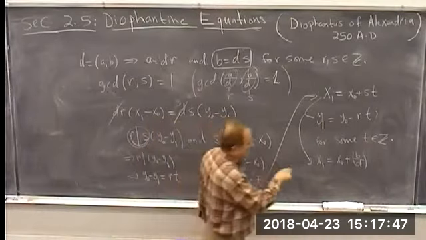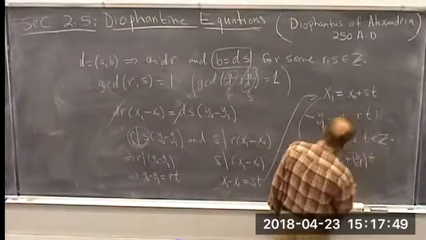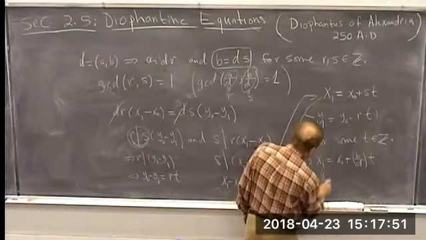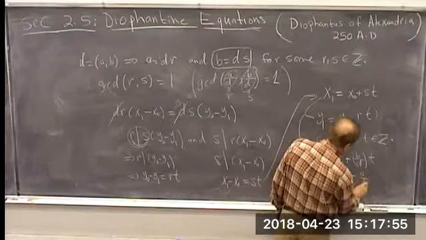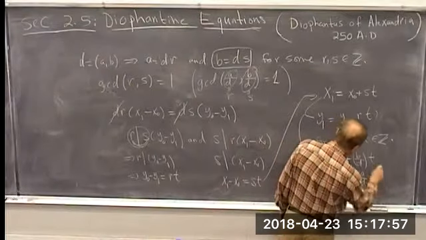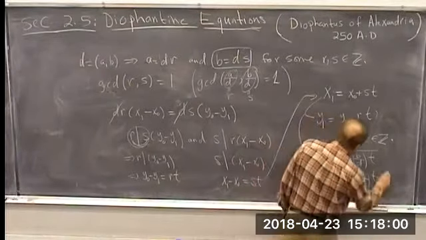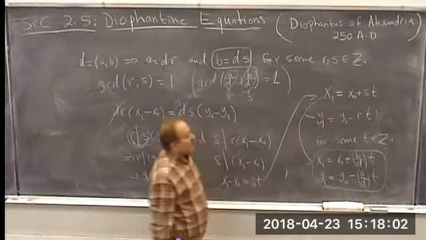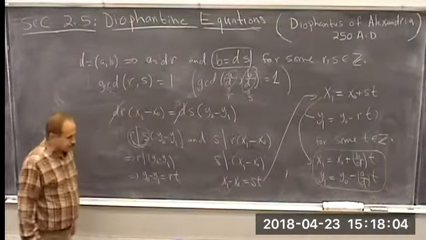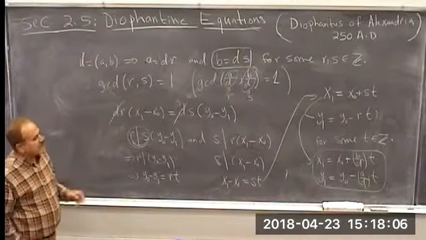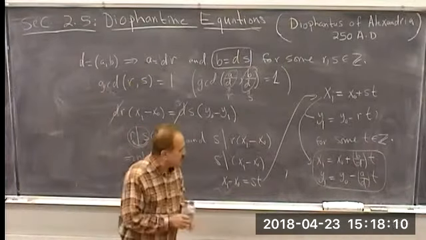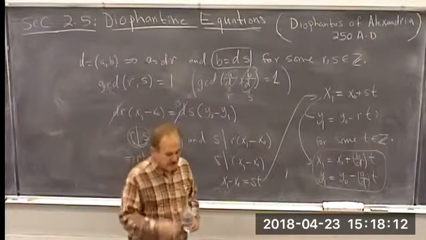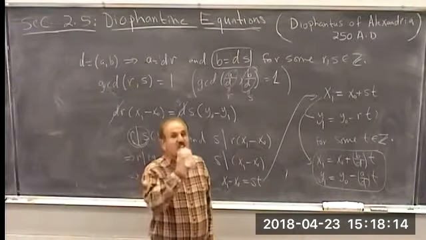So it's not a fraction. It looks like a fraction, but it's not. And y1 is equal to y sub 0 minus a over d t. So these are the two solutions. Now I claim that it's not hard to see this would satisfy, of course, the equation, all right?